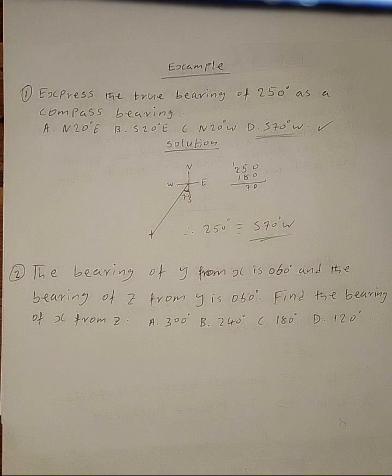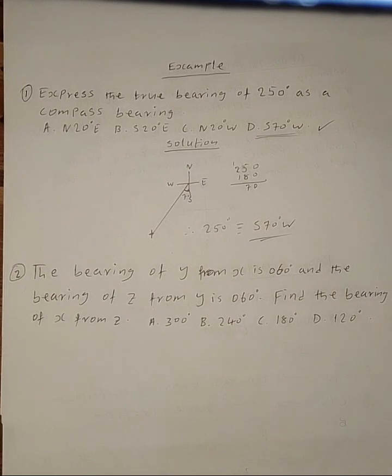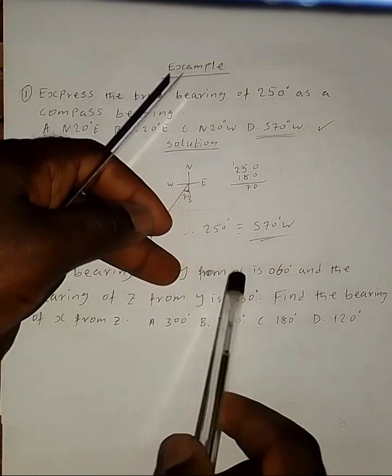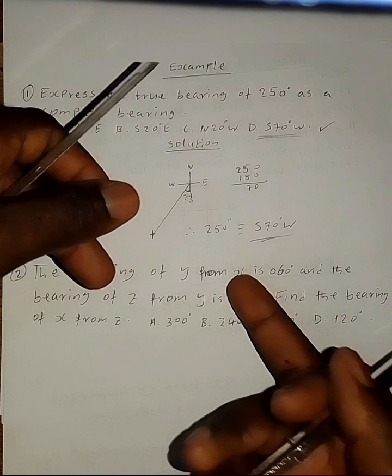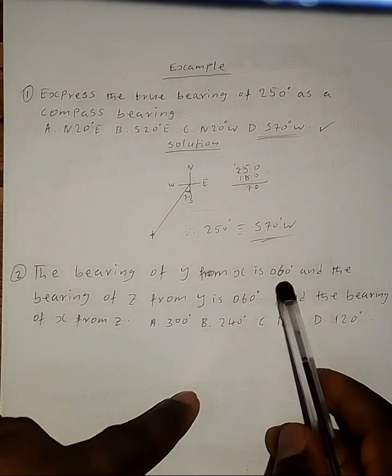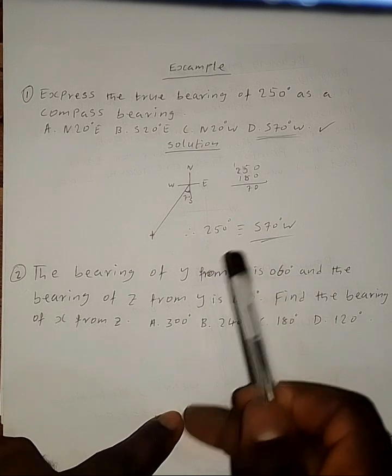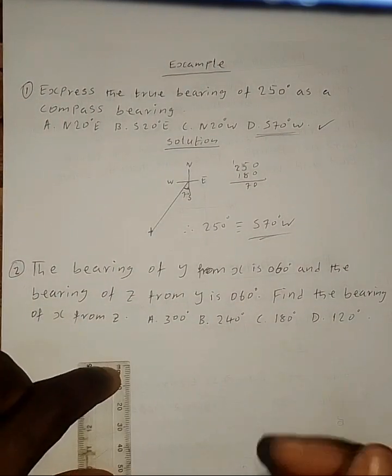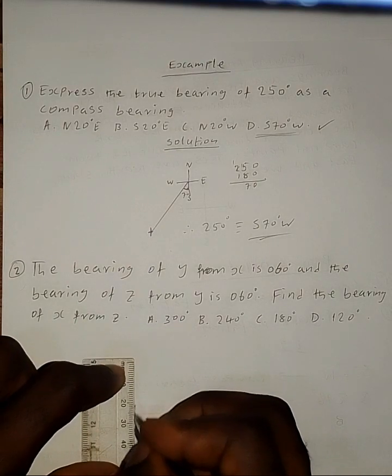Represent this on a diagram again. The first one says the bearing of y from x. So go to point x, draw your 4 cardinal points, locate 60 degrees, draw a line to locate point y. This one is my point x.